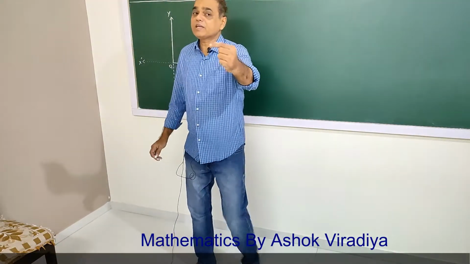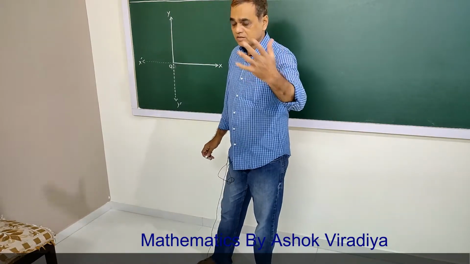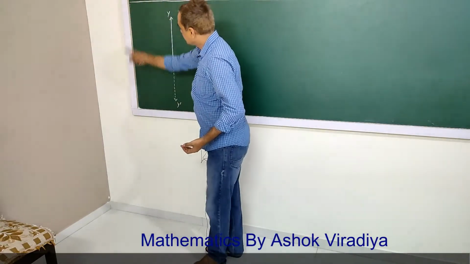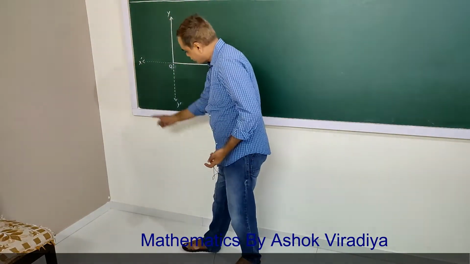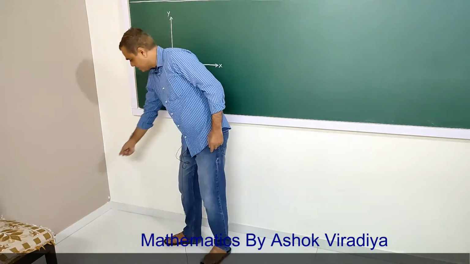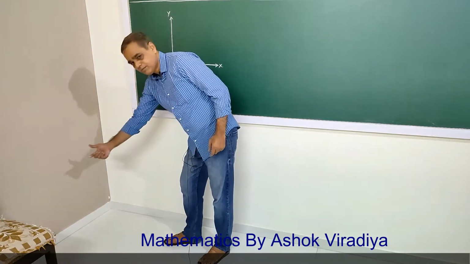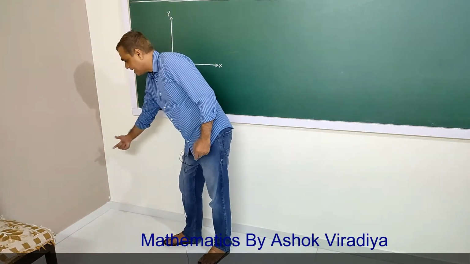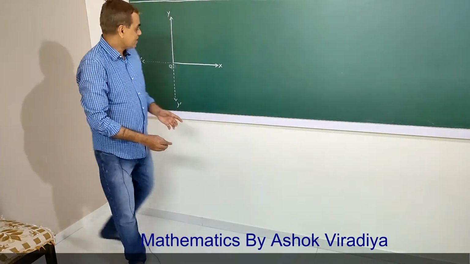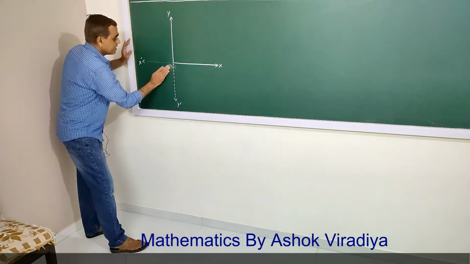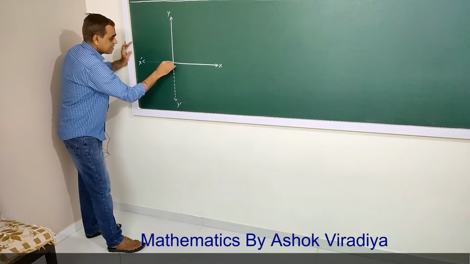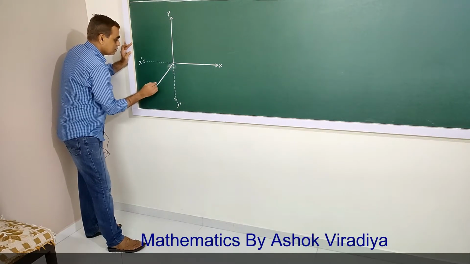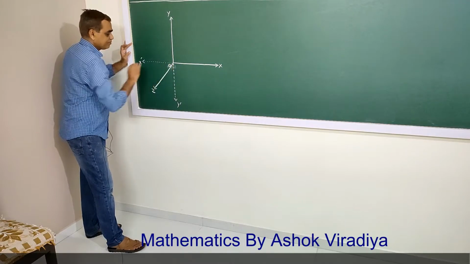Now we are coming in space. Say this is x-axis, this line is y-axis. Now perpendicular to x and y, I am taking this line. Perpendicular to y and x, this line is z-axis. So here z-axis we denote this way. This is OZ.